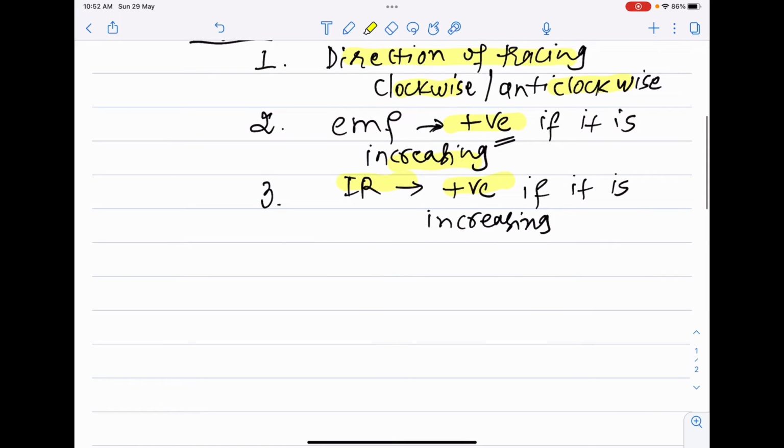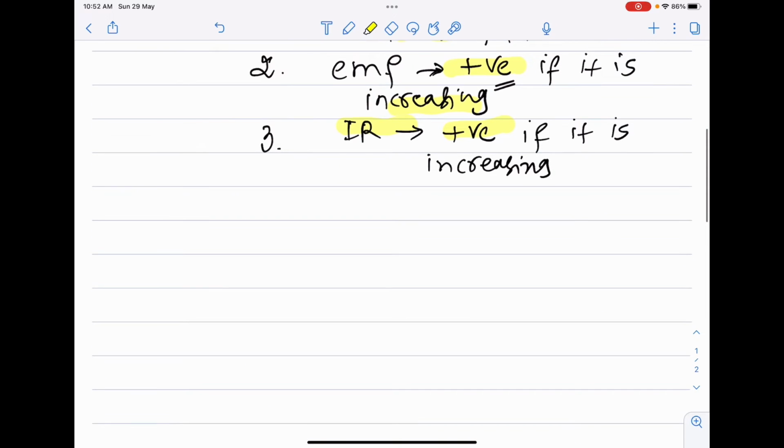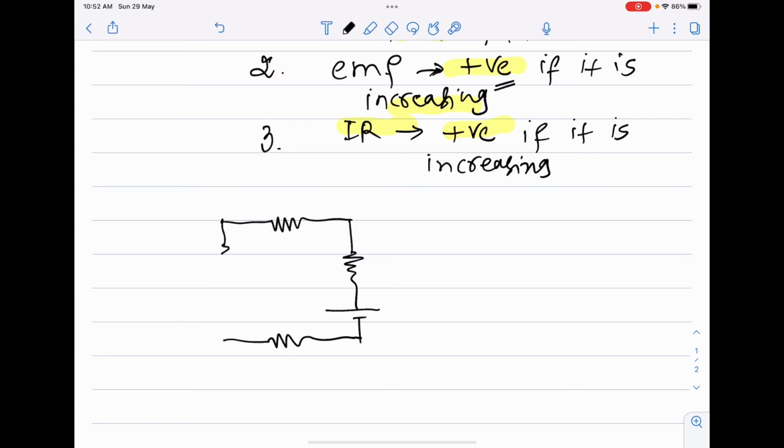Now we will see one simple circuit and how we can write the KVL equation. Suppose we have been given a closed circuit which consists of these four resistances and two batteries, say EMF E1 and EMF E2.